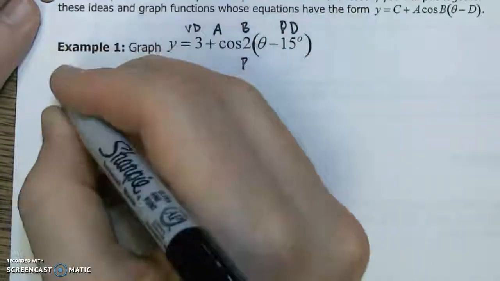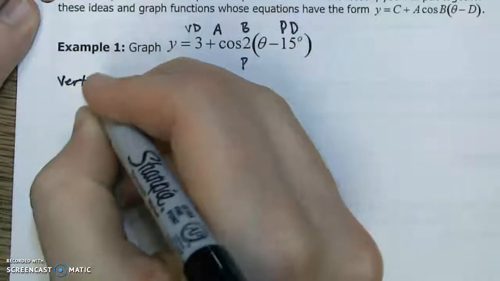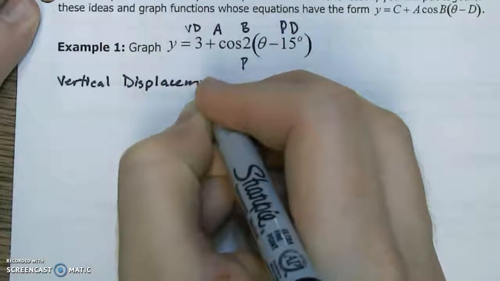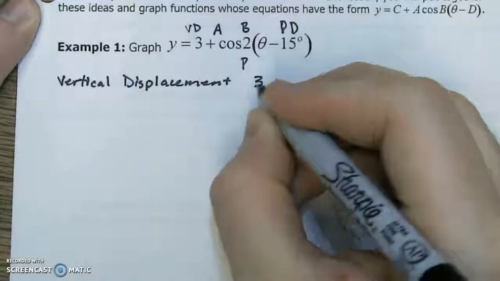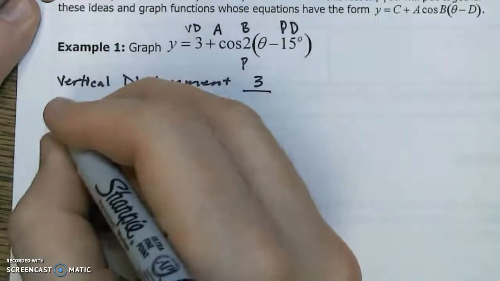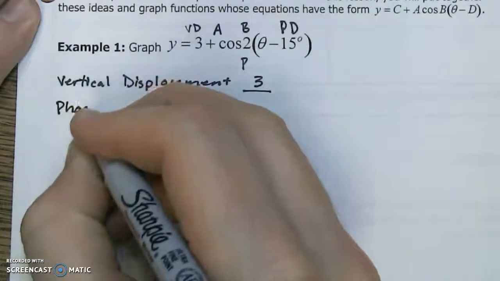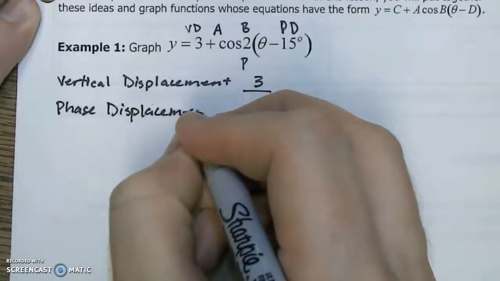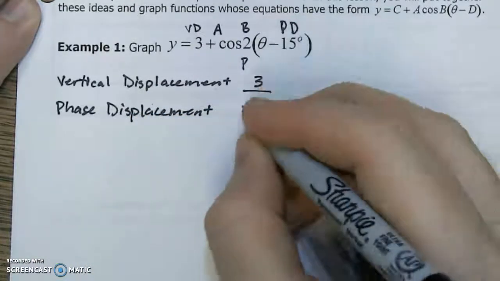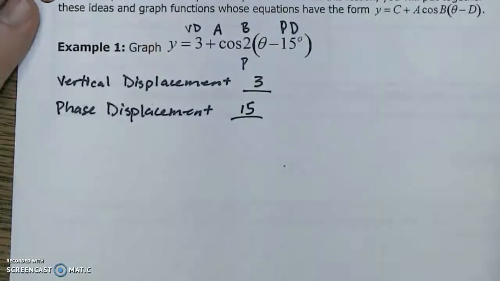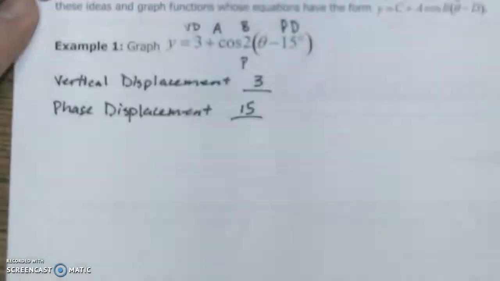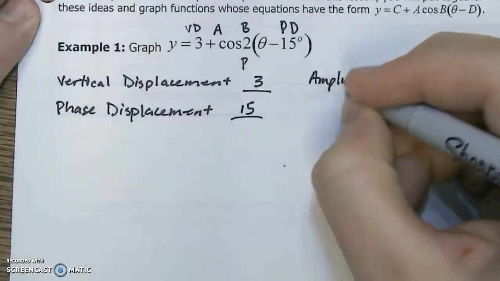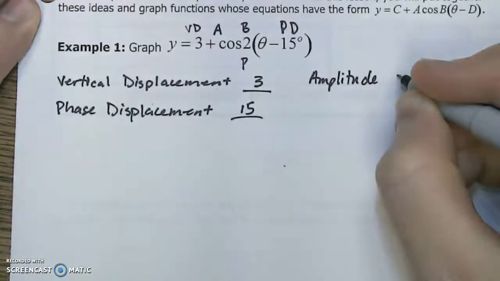So I've got a vertical displacement of 3. I've got a phase displacement of positive 15. It's the opposite of what the sine is. I've got an amplitude of 1.